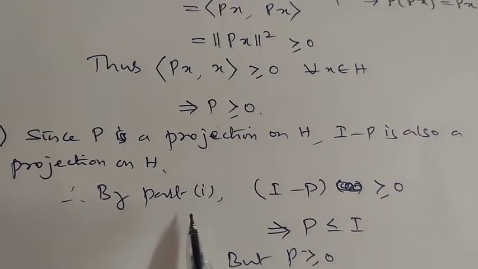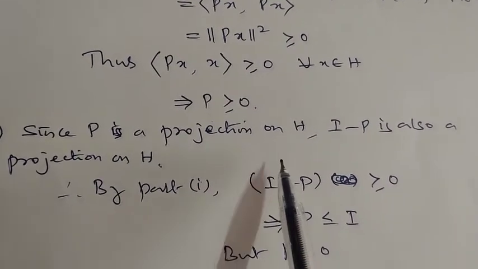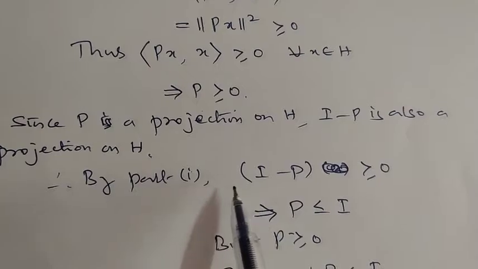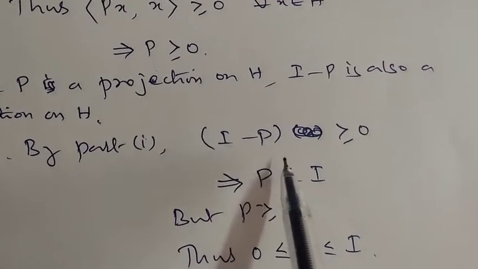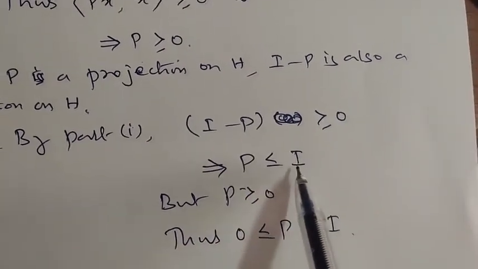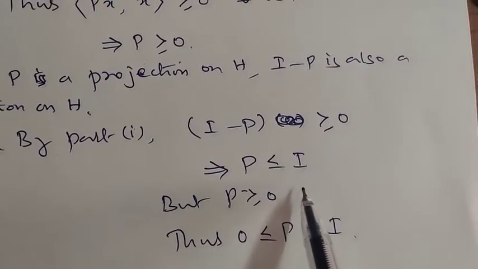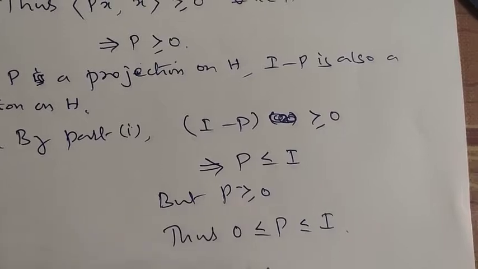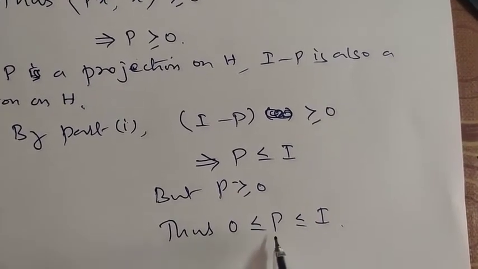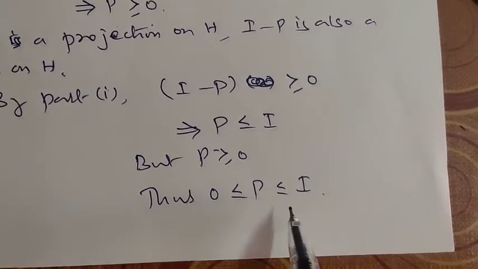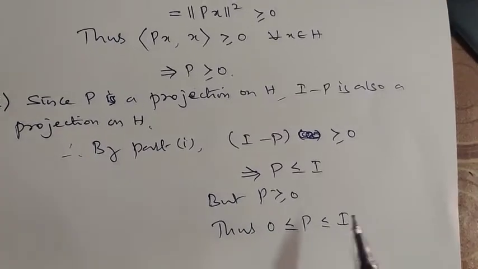Therefore, by part 1, I minus P is also non-negative. This implies P is less than or equal to I. But P is always non-negative. Therefore, P lies between 0 and I, that is, 0 less than or equal to P less than or equal to I. This is 2. Okay, let us prove 3 now.